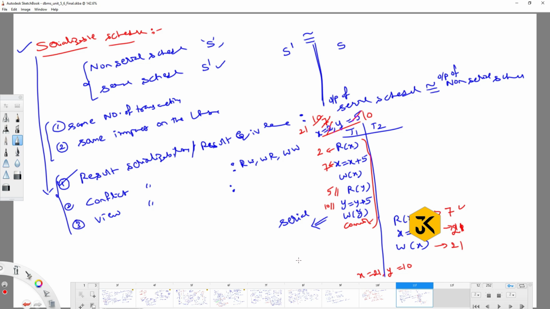For example, if I take another scenario, which is a kind of non-serial schedule, T1 followed by T2.